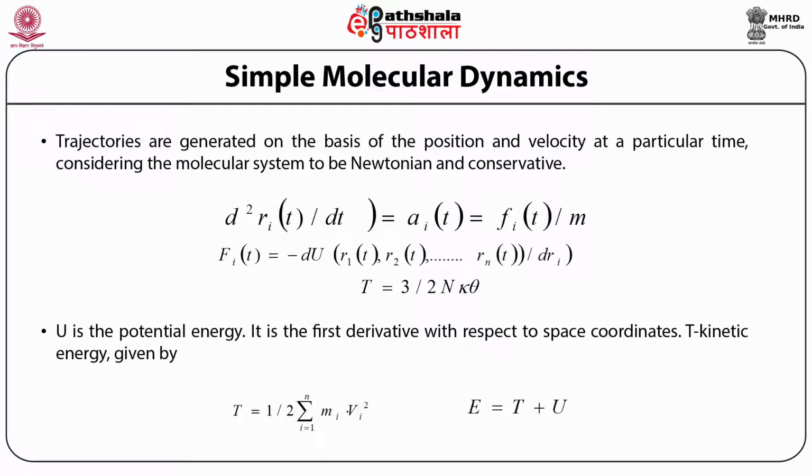And what we try to do is calculate the temperature, and temperature is calculated from kinetic energy, and kinetic energy is equal to half mv square. So if the temperature changes, you can rescale the velocity. And total energy E, which is a kinetic energy T and a potential energy, is a constant of motion.